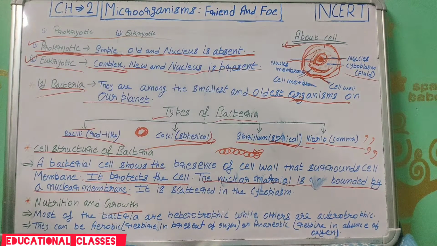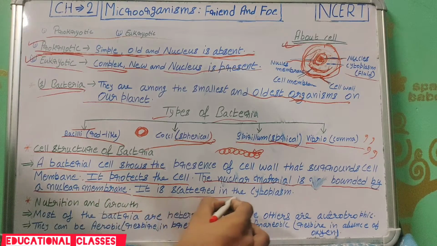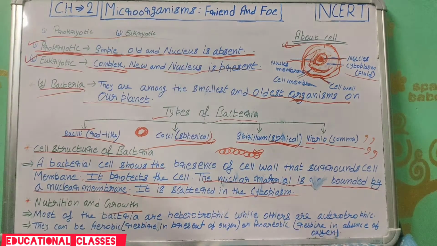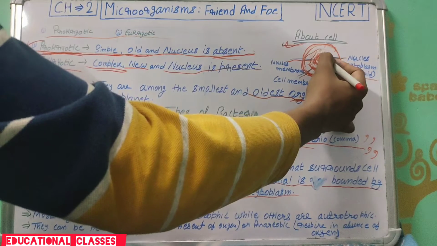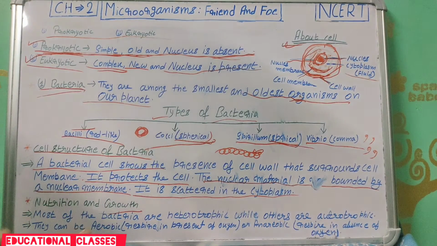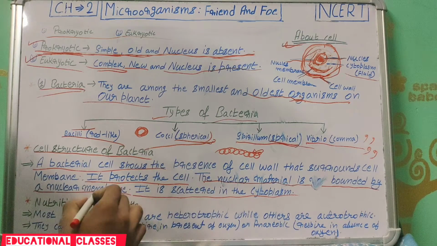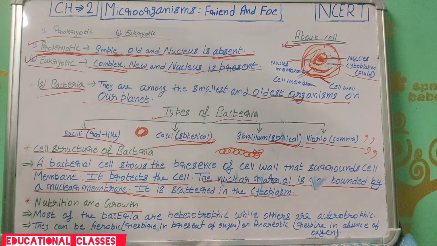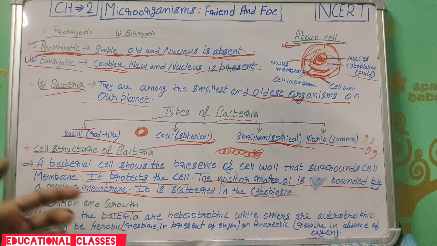So the nuclear membrane also protects the nucleus, the nuclear material. It is scattered in the cytoplasm. The nucleus is situated inside the cytoplasm. ये जो cytoplasm है, fluid like structure, उसके अंदर है. न्यूक्लियस जो है साइटोप्लाज्म के अंदर होता है.